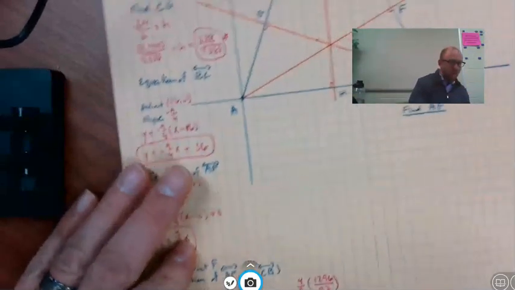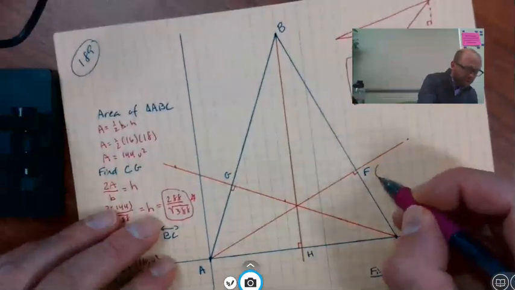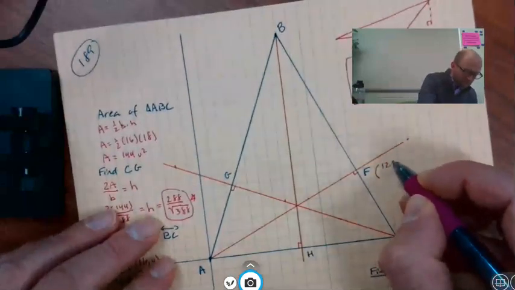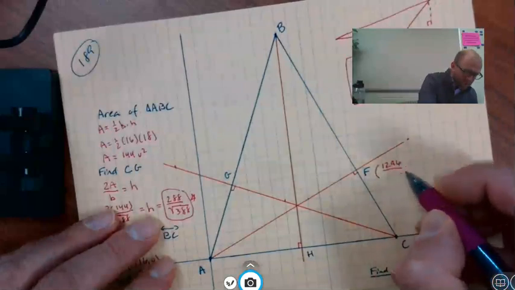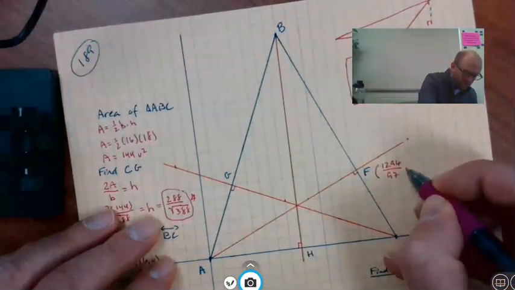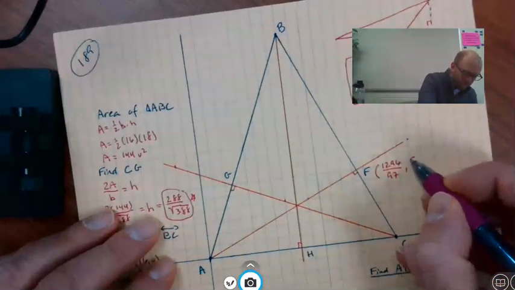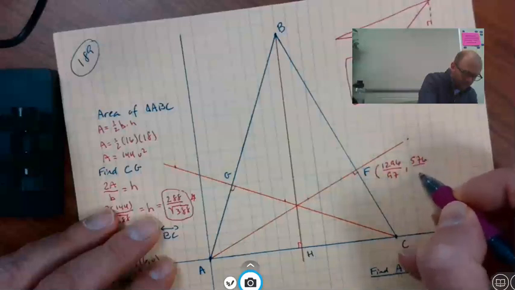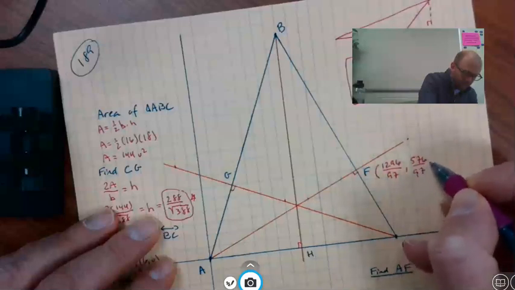So now we'll write the coordinates for our point F up here. That's 1296 over 97, 576 over 97.